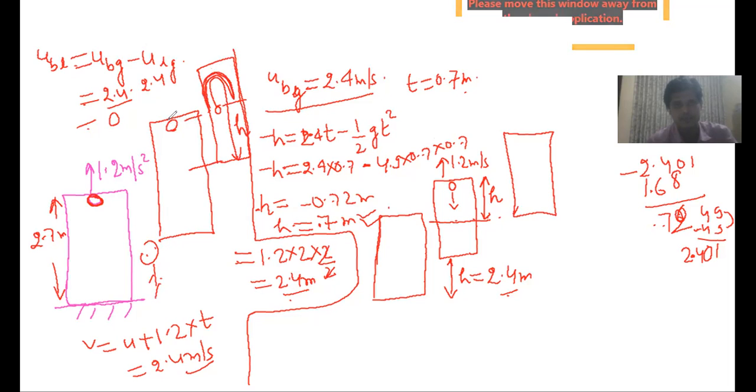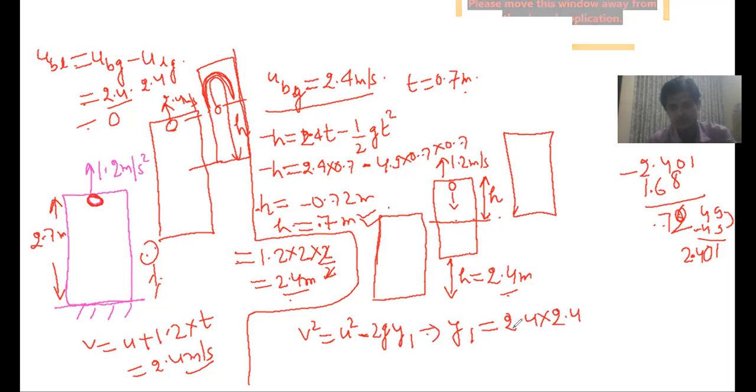Now at this point, the elevator has a speed of 2.4 meter per second. So I can write the final speed when it goes to the top as 0. So v squared equals u squared minus 2g y1. So y1 will be 2.4 into 2.4 upon 2 into 9.8. I hope you understand this.